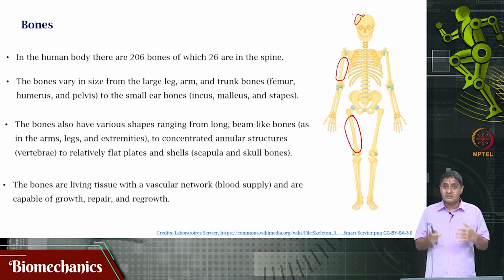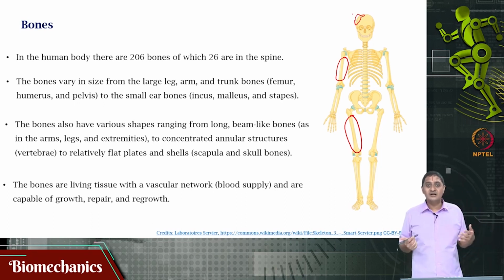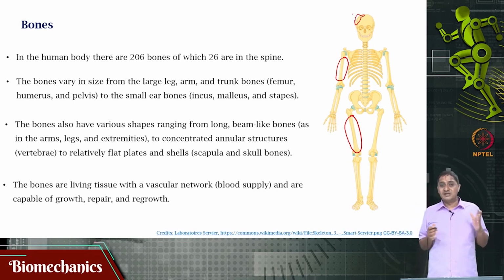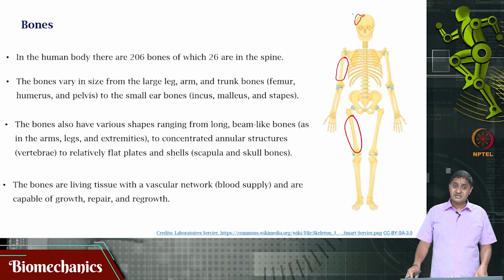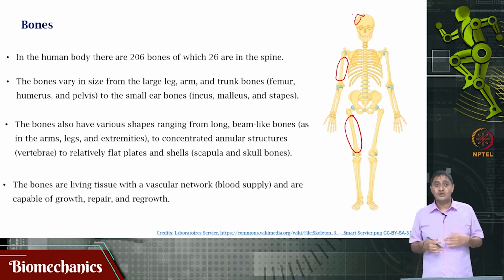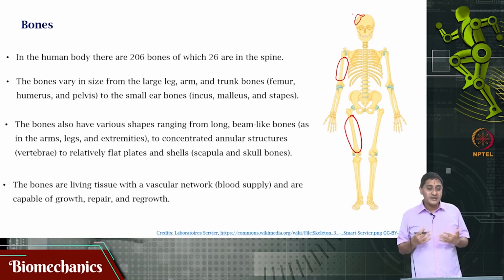They are like any other tissue, not passive plastic-like materials. These are active tissues. They are not just capable of growth, repair and regrowth, they almost always keep on growing, repairing and regrowing themselves.